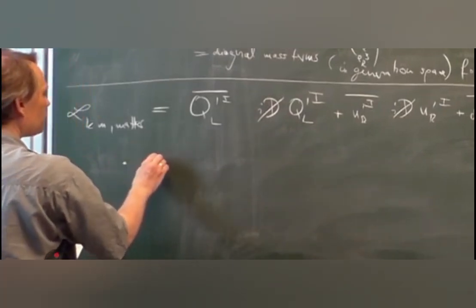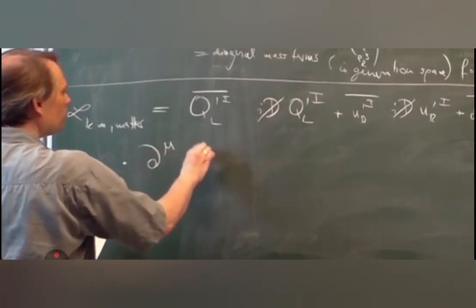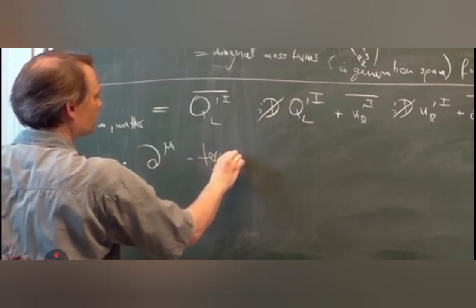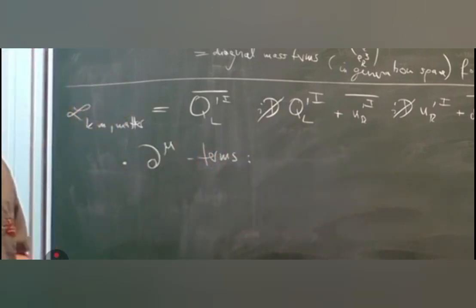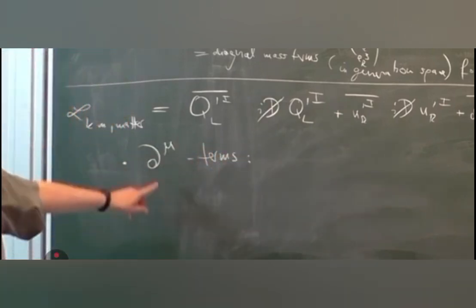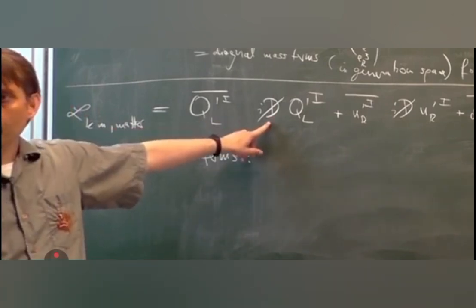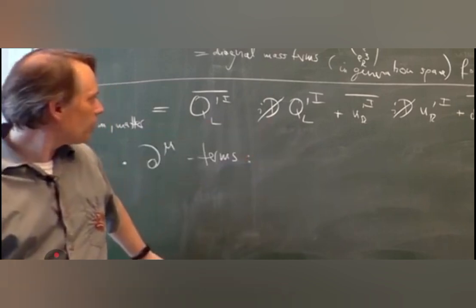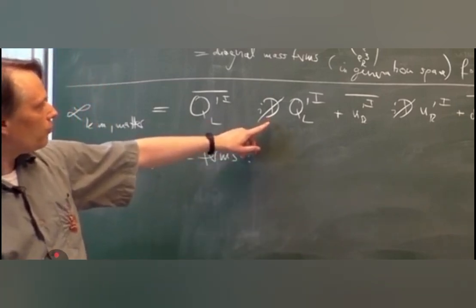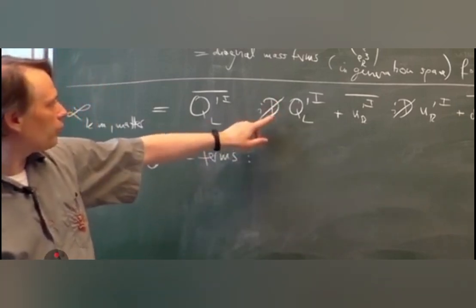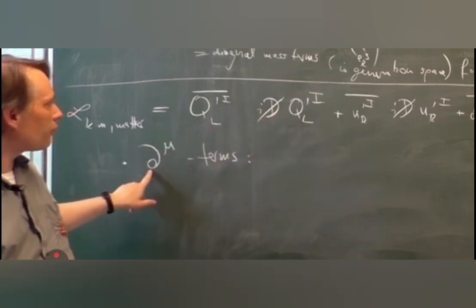So there are on the one hand the d mu terms. Let us look only at the terms with the ordinary derivatives inside of the covariant derivatives. If we look only at the ordinary derivative terms, then there is nothing hidden there. Simply think of capital D replaced by small d.